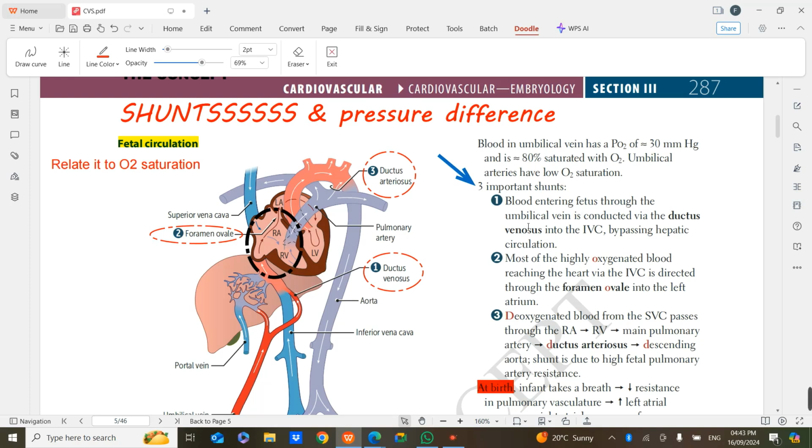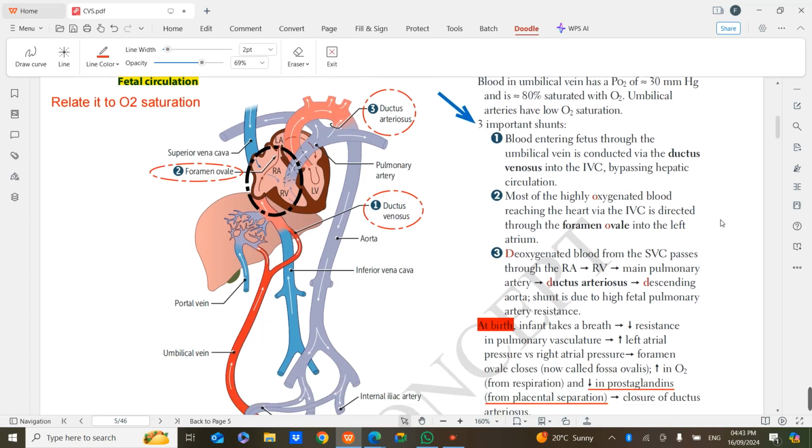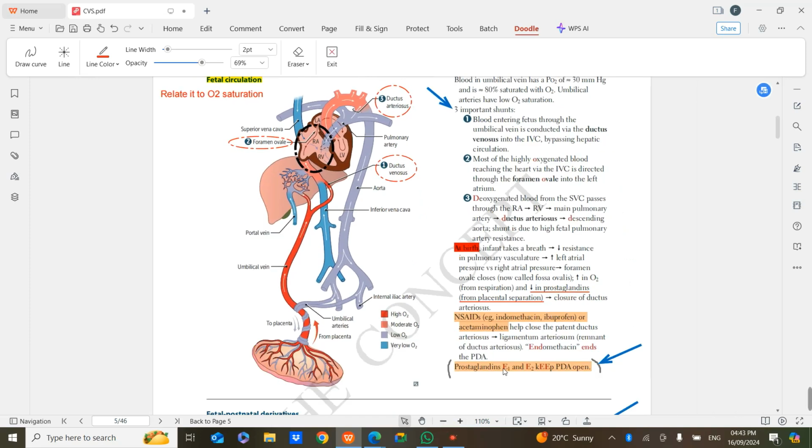The most important thing you want to note here, number one, is the shunts you have with respect to the fetal circulation. Permit me to just reduce this so that you'll be able to see the totality of the diagram. The shunts that you have here, you don't need to cram, you just need to be able to think it through. Listen to the gist. This is the placenta.